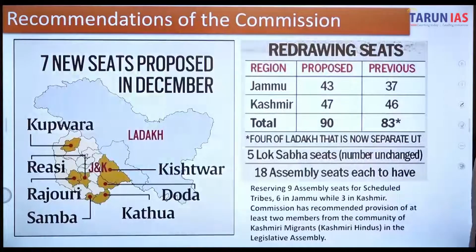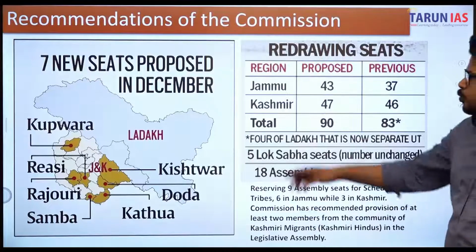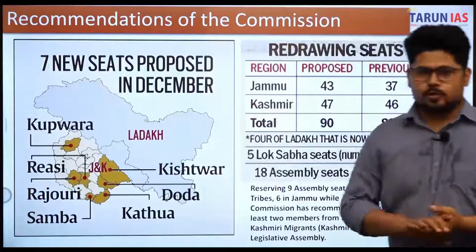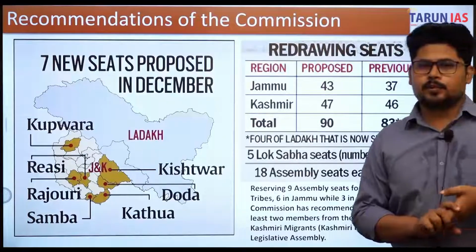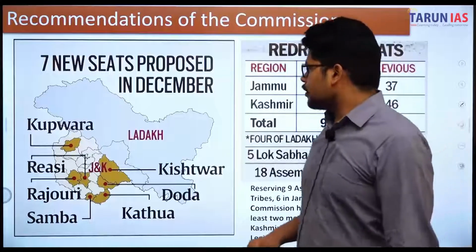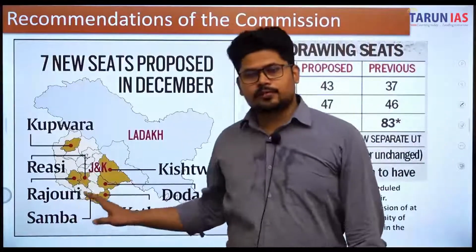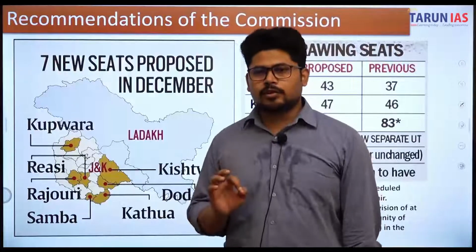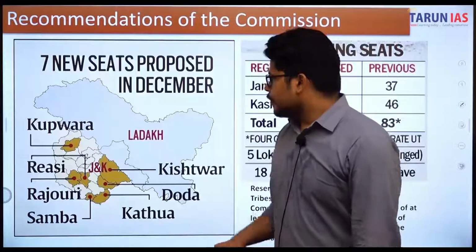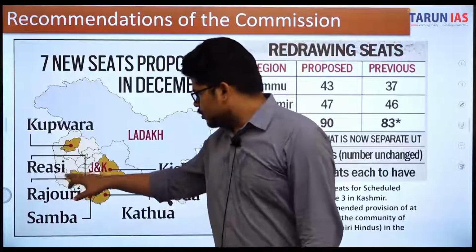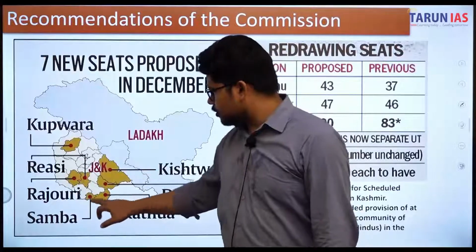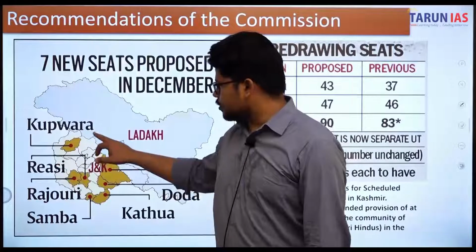Now, recommendation of the commission. 7 new seats have been proposed. 7 new seats have been proposed for the assembly elections, not for the elections to Lok Sabha. These seats are for the Jammu region and these are for the Kashmir region.